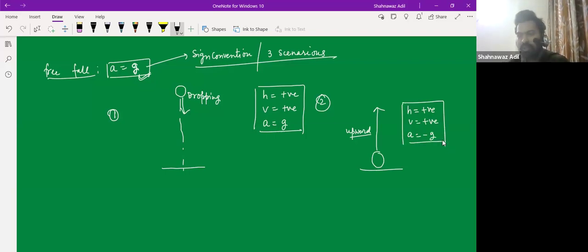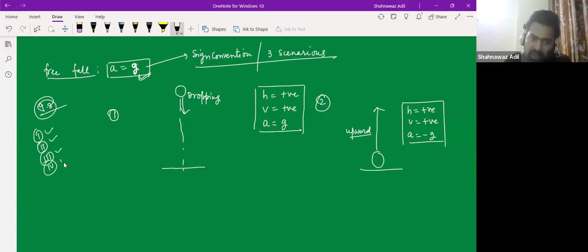These are the two important sign conventions. All the equations apply because 9.8 is a constant value, so we will use all four equations that we have.